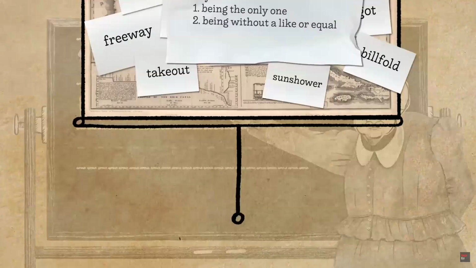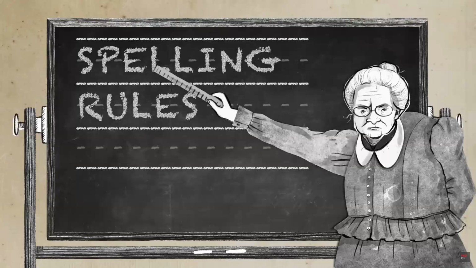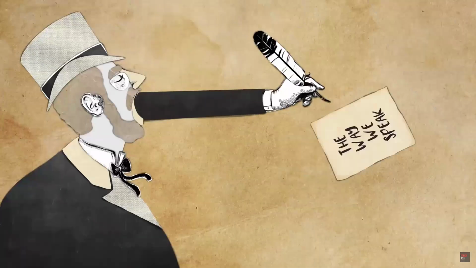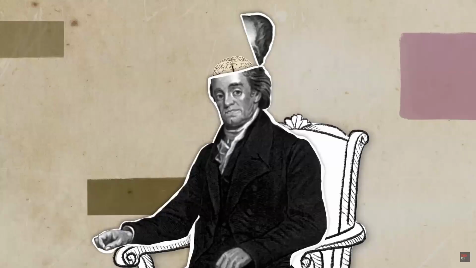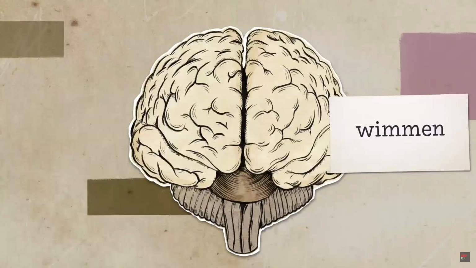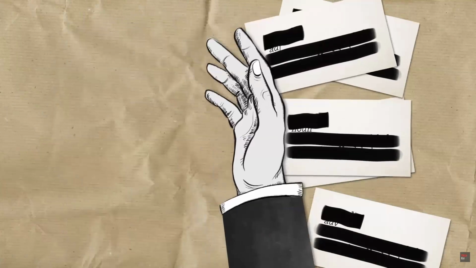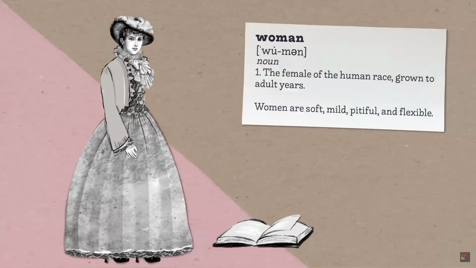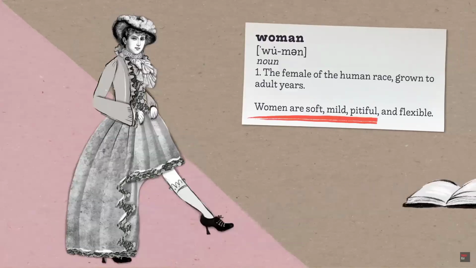He also believed spelling rules were unnecessarily complex. and that we should write the way we speak as much as possible. Still, Webster's own opinions influenced the words he included and the way he defined them. He excluded slang words from Black communities because he didn't consider them proper. And when he defined woman, he added that women are soft, mild, pitiful, and flexible.